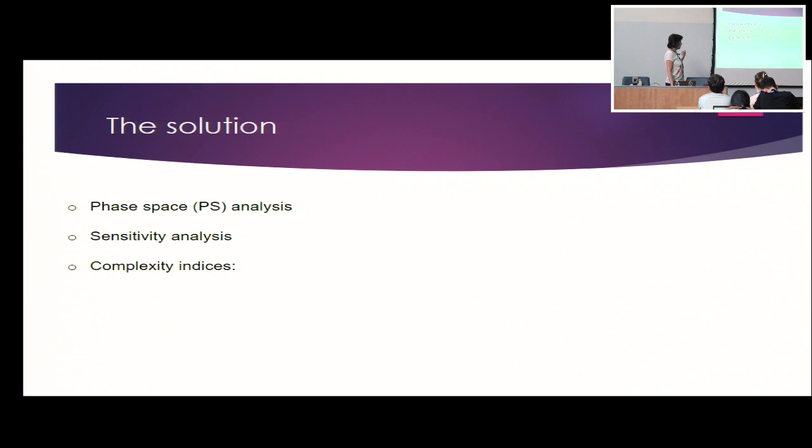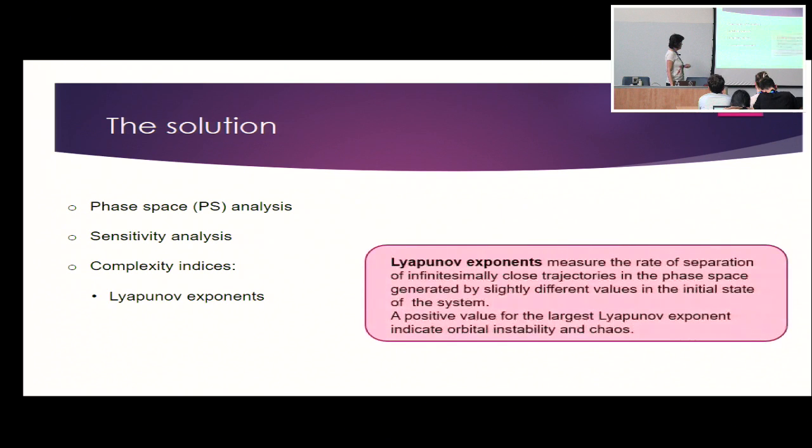And then we have other more sophisticated instruments in our hand to detect chaos. We have the so-called complexity indices. They are in particular Lyapunov exponents. Lyapunov exponent is an index that quantifies the rate of separation of infinitesimally close trajectories.